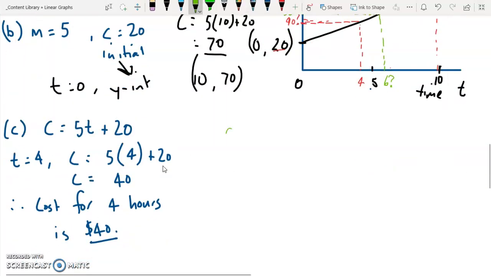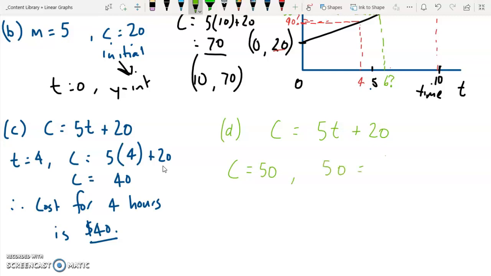Part D, cost equals 5t plus 20. Now we know that our cost equals 50, so we substitute that in, so we get 50 equals 5t plus 20. We're trying to find t, so we take 20 from both sides, so 30 equals 5t, therefore t equals 6.